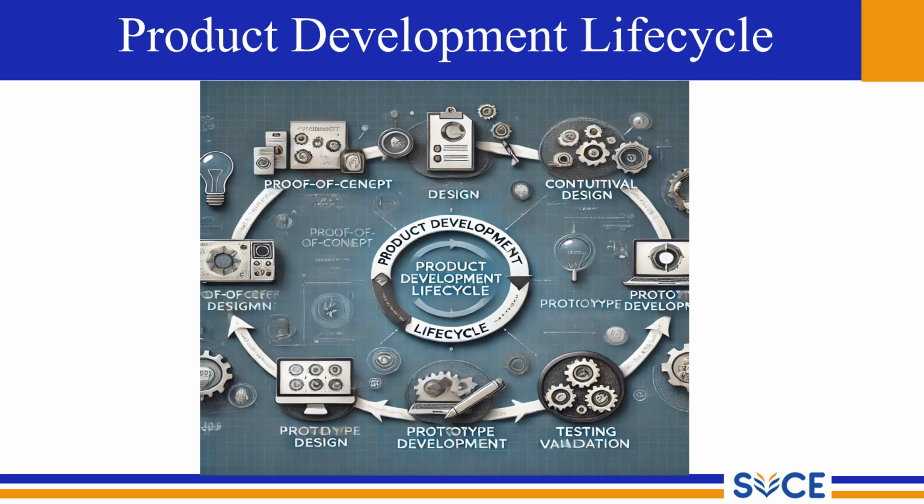Once again, based on the testing, getting feedback from our customer, we need to analyze the prototype. Then we go for immediate product development, then proof of concept. This is our regular cycle.